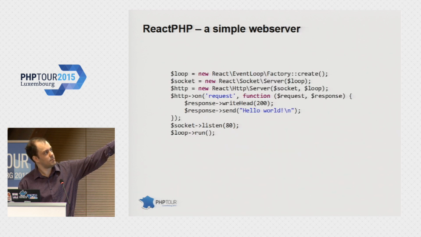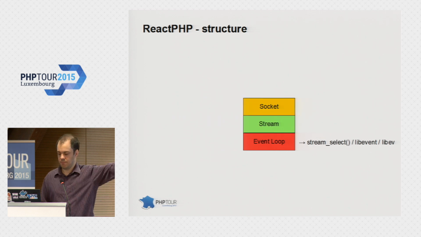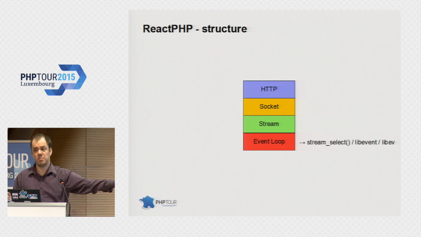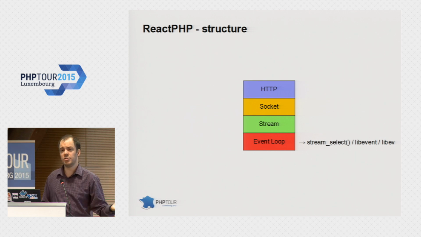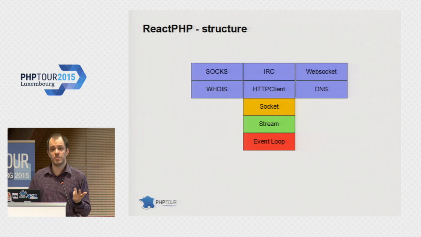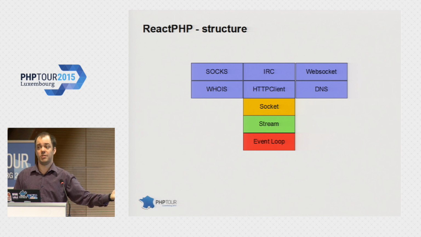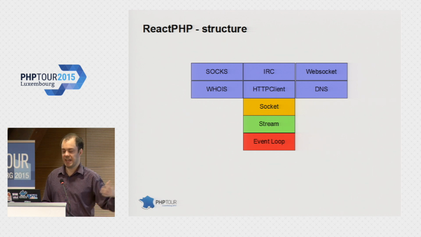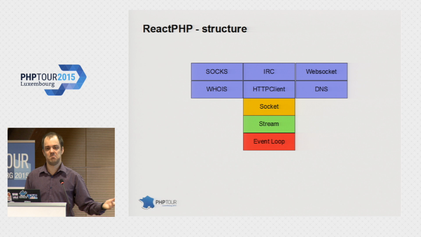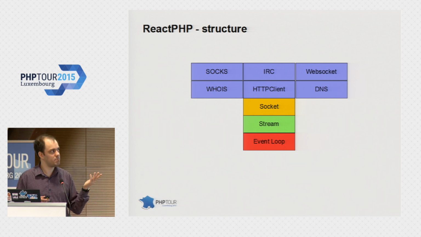In this case, we have a socket server, stuff like that, built on top of that. And then on top of that, you can have an HTTP server, for example, but it's not limited to HTTP. It could be an IRC server, or a WebSocket server, or even a DNS server is built in there. So you can handle DNS requests if you want. I wouldn't do it. It's not going to be as fast as a regular DNS, but you can.